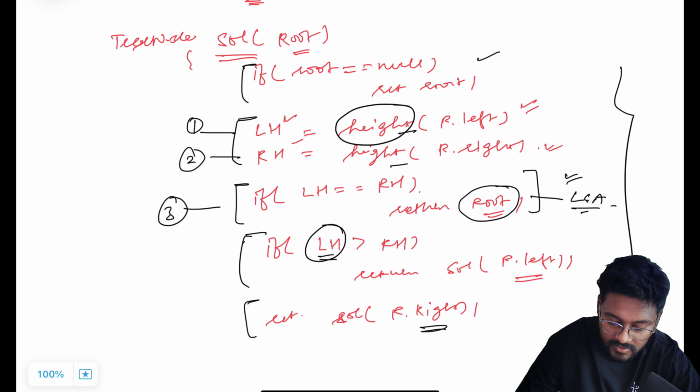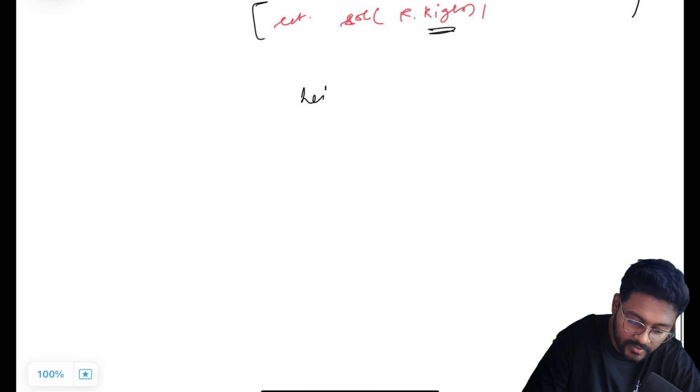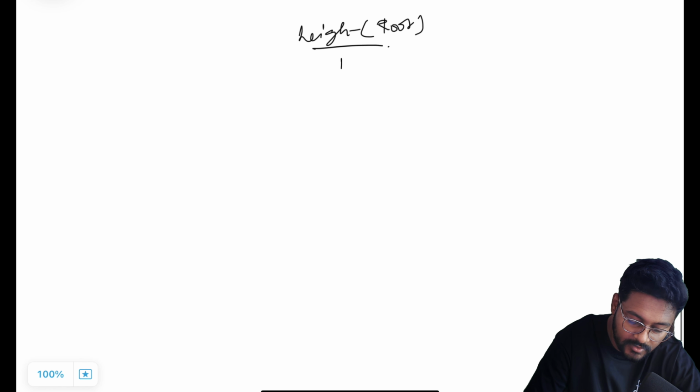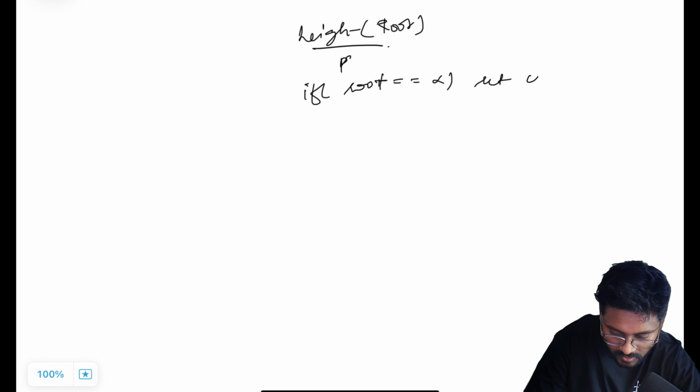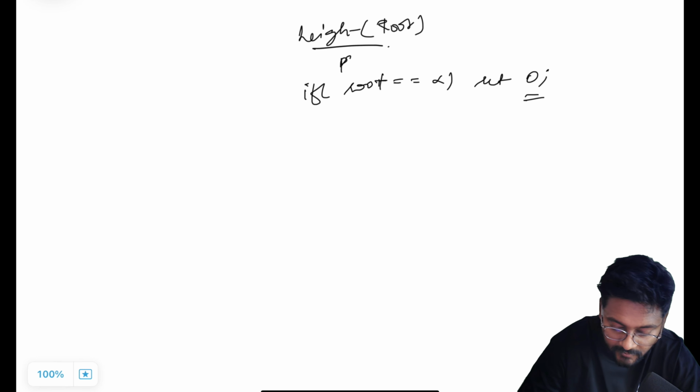And what is this height function? See, the height function gives the height of the tree. We are taking the parameter as root. Firstly let's take care of the corner case, the edge case. If root is null, height is 0. Otherwise what is the height?